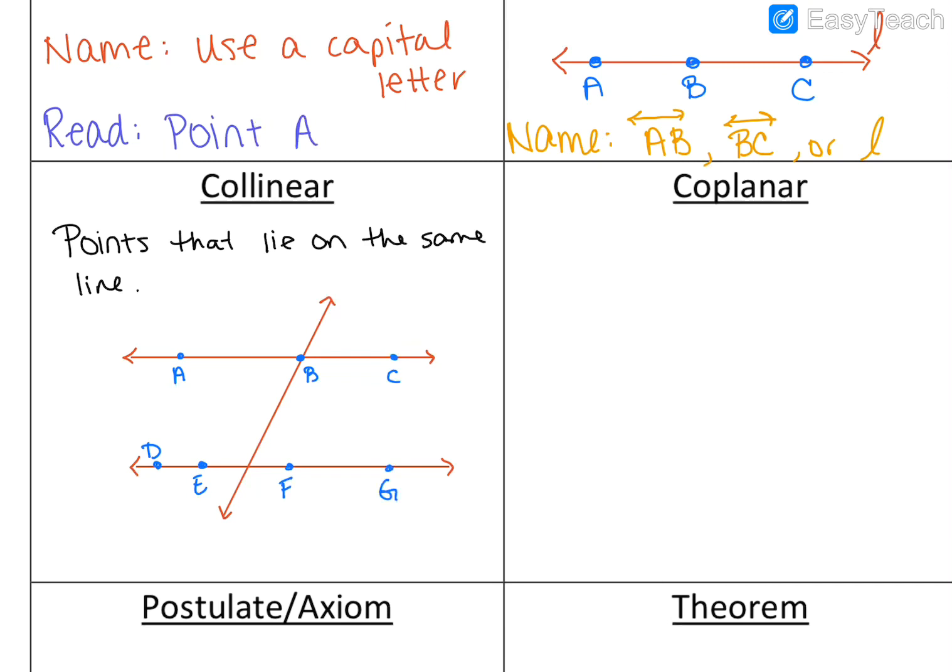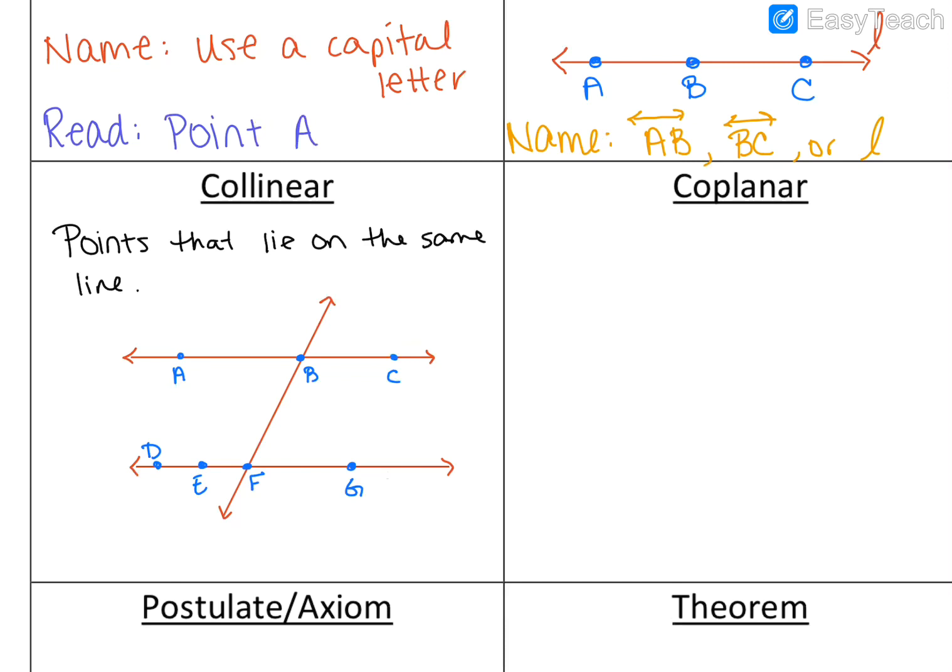All right. Actually, you know what? I want F to be there. Okay, there we go. So we have 7 points that we can see on these lines.